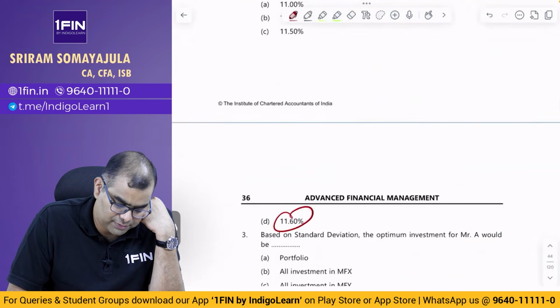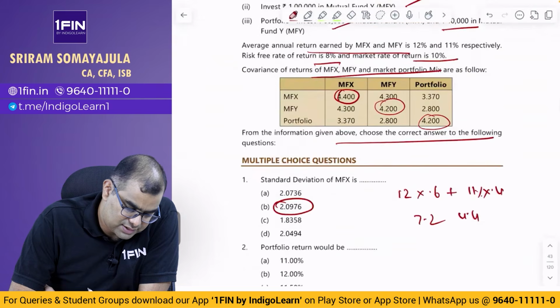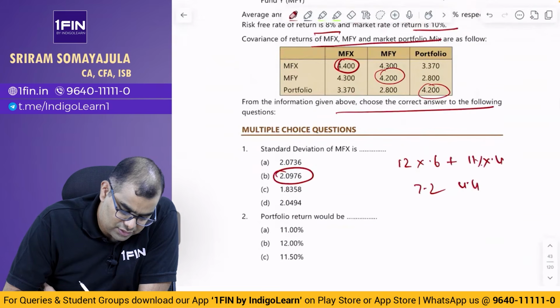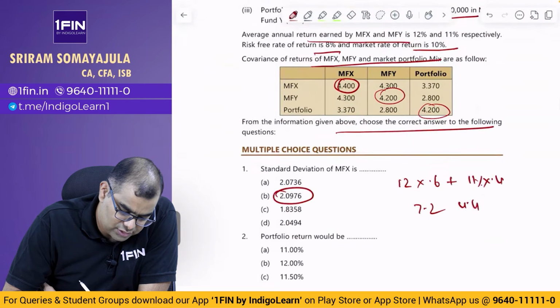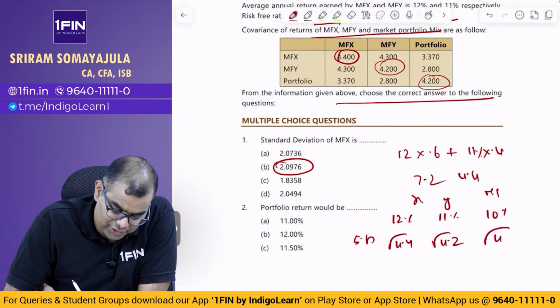Based on standard deviation, what would be the optimum investment for A? X return is 12%, Y 11%, market 10%. Standard deviation is under root 4.4, under root 4.2, under root 4.2.